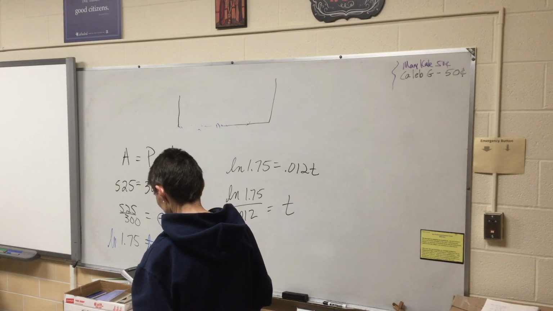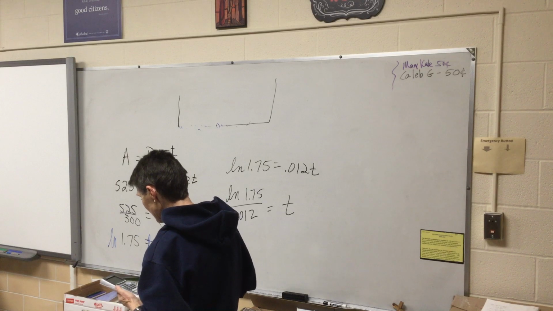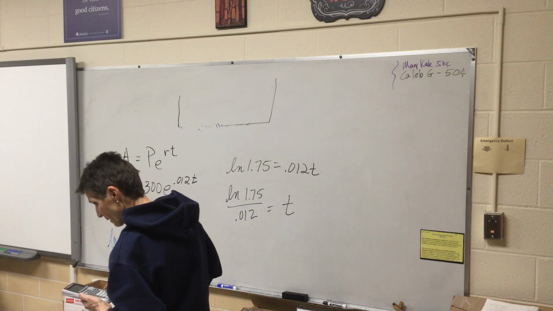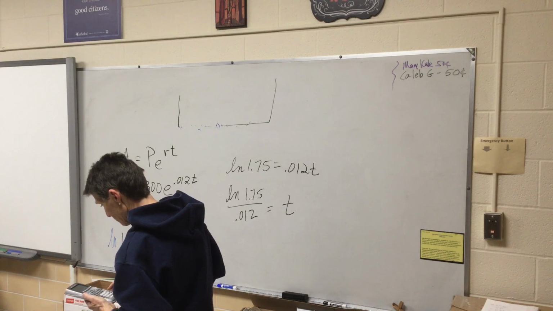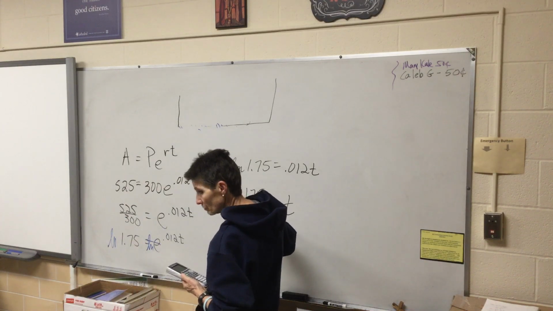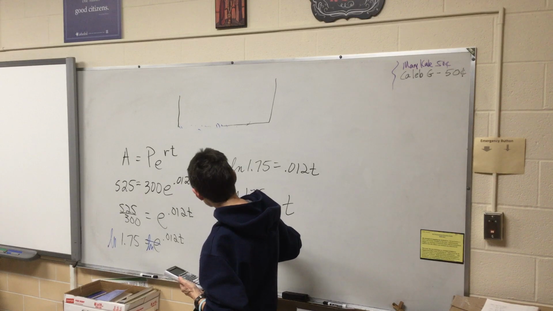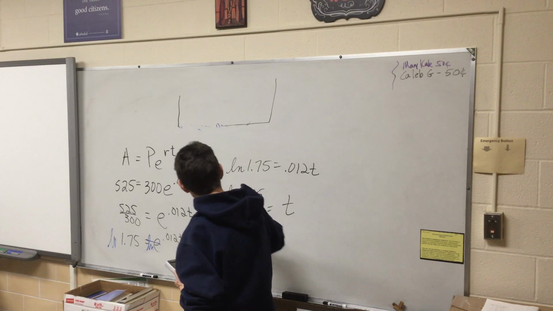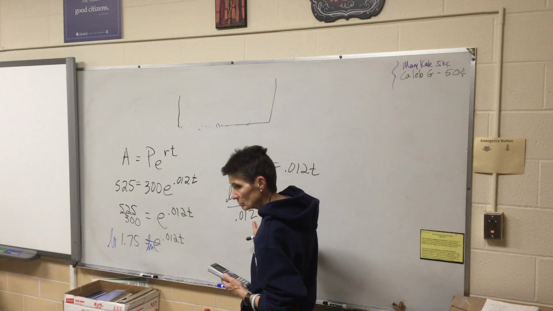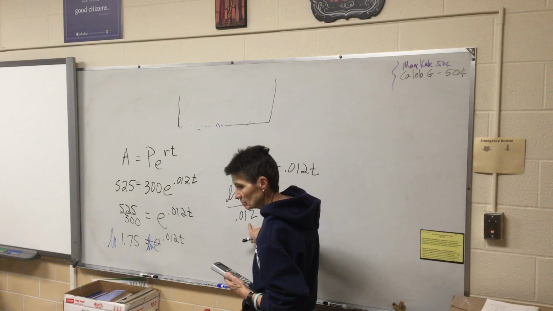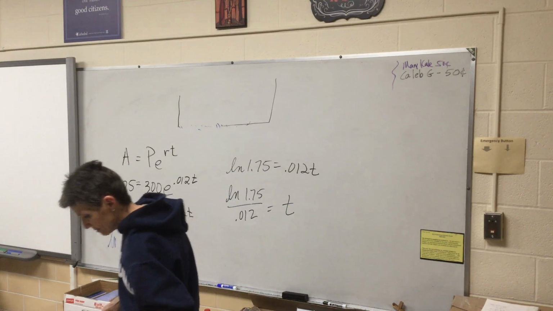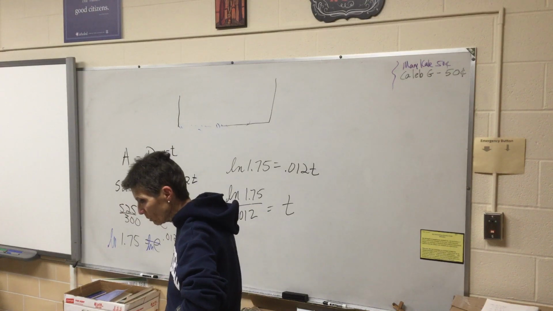So 22 years. Okay, wait a second. I didn't get that. What did you type in? Tell me what you typed in. You said ln, and then 1.75 divided by 0.025. No, 0.012. I don't know how I get some numbers sometimes. Cause that was the rate. You actually gave me that number, 0.012.